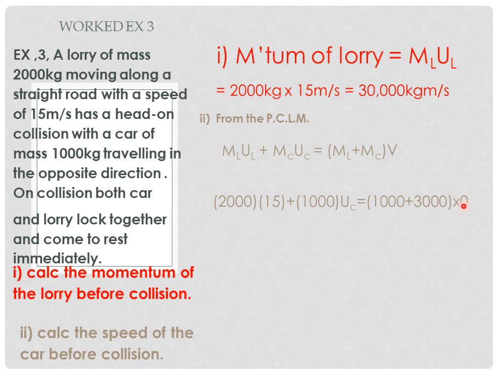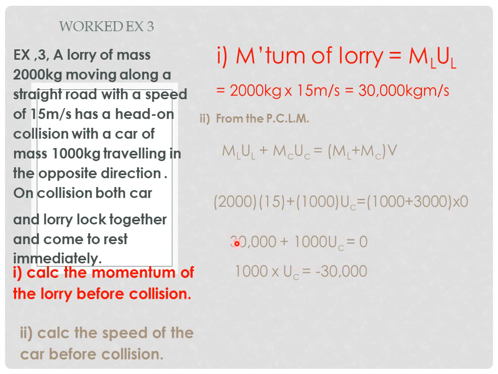They came to rest immediately. After substitution, we have mass times speed is 30,000. Mass times speed is 1,000 UC. The left hand is the momentum before, and the right hand is zero, momentum after is zero.